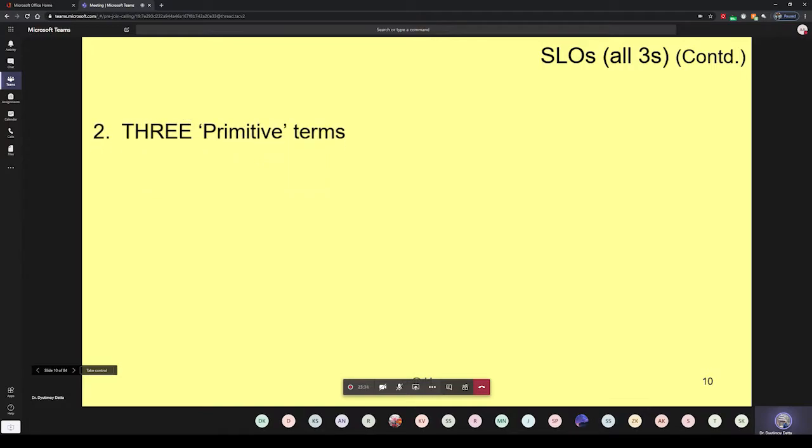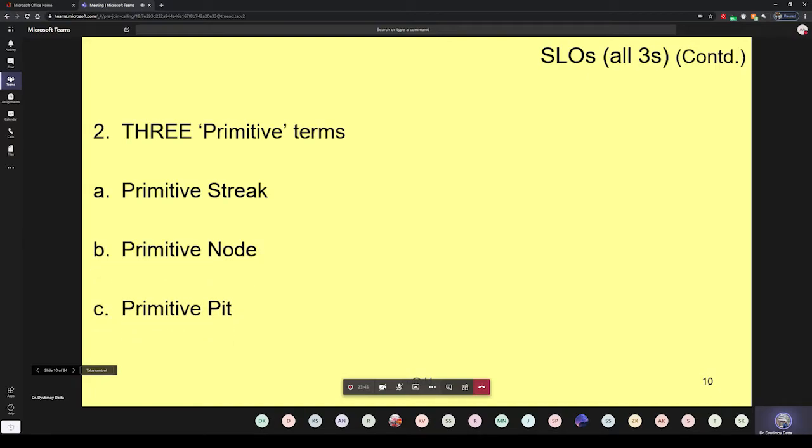Again, to do with three. There are three primitive terms, meaning what is the primitive streak, what is the primitive node, and what is the primitive pit. The reason for calling the parts of the primitive streak by three separate names, namely the primitive node at the cephalic end with a pit in it, called the blastopore or the primitive pit, and the primitive streak, is that the primitive streak is the first precursor of the body axis.